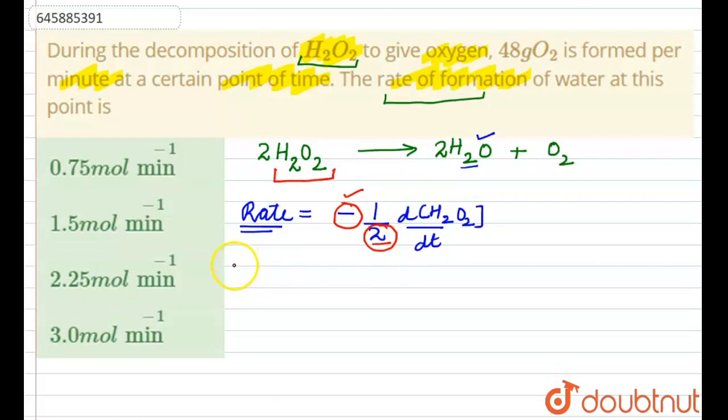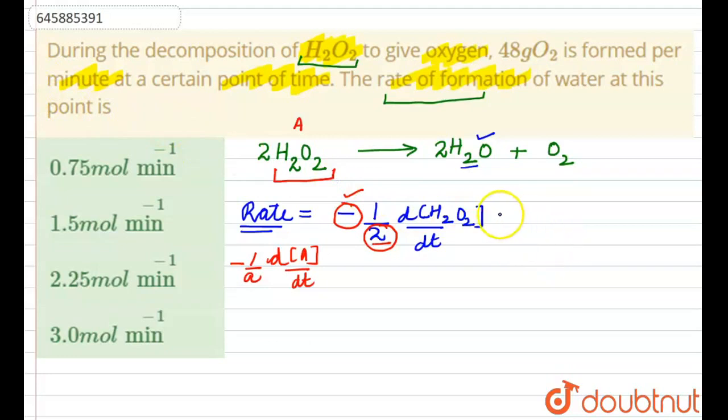So this is the general formula, that is negative 1 divided by the coefficient of this reactant, for example A, d of A divided by dt. This is just the general representation, and according to this decomposition we have this formula.